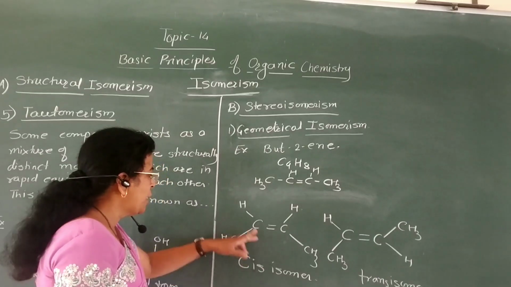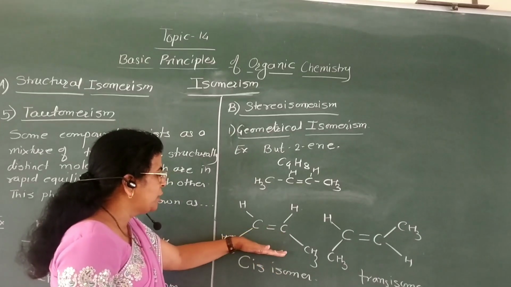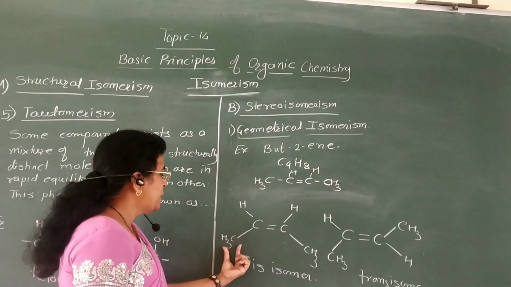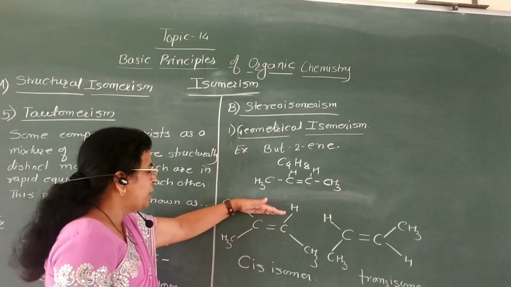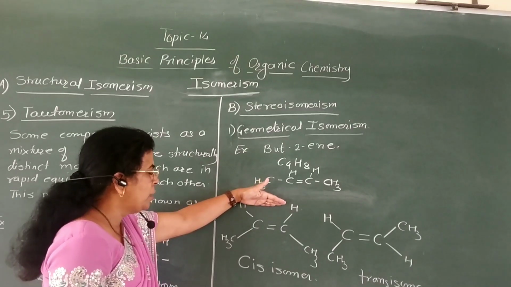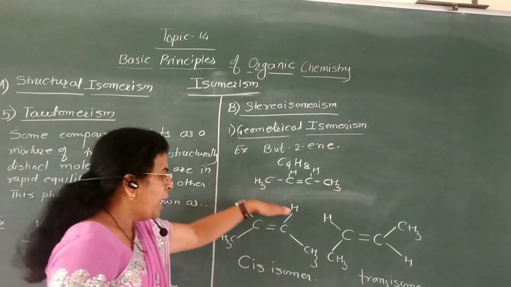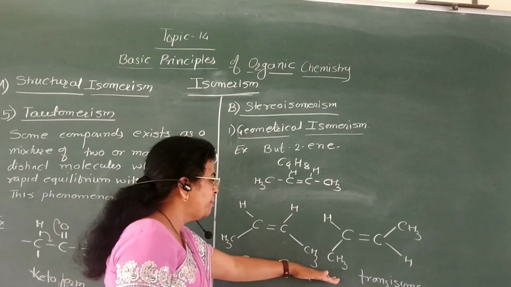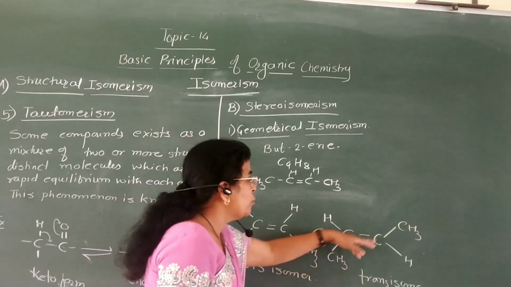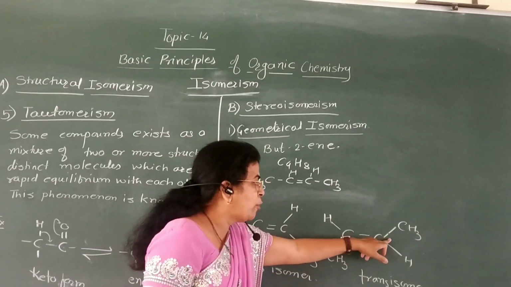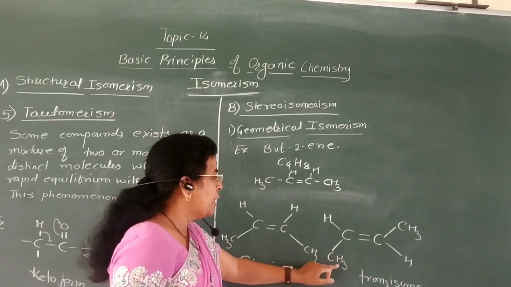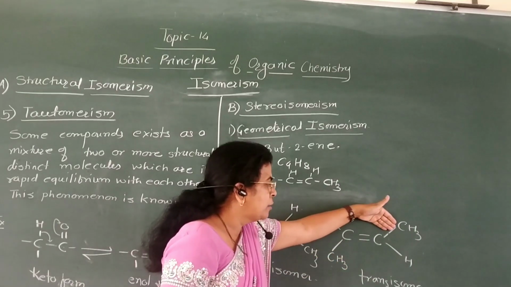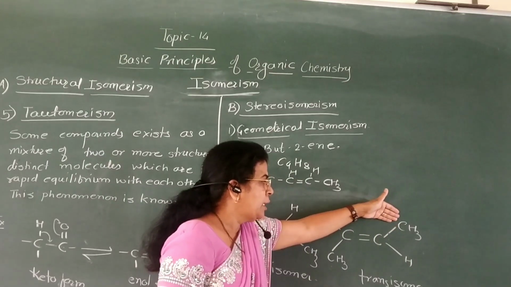In the cis isomer, similar groups lie on the same side of the double bond. That is, this CH3 and this CH3 are present on the same side of the double bond, and these two hydrogen atoms are present on the same side of the double bond. And in case of the trans isomer, similar groups lie on the opposite side of the double bond. That is, this CH3 group is present at this position and exactly opposite, the other CH3 group is present on that side.